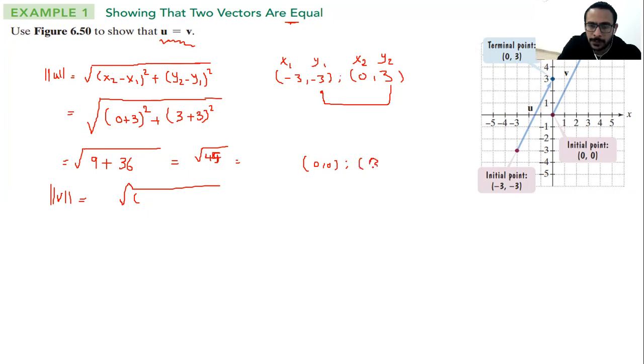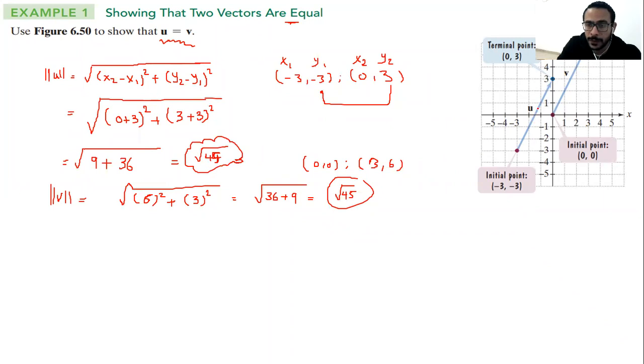The distance will be the square root of 6 squared plus 3 squared, which equals 36 plus 9, the same radical 45. We are just using the distance formula to prove that the two vectors have the same length, or the same magnitude.